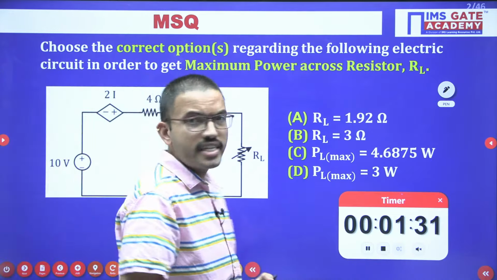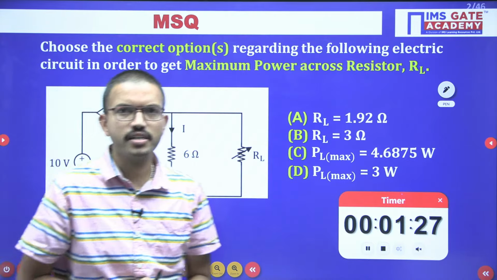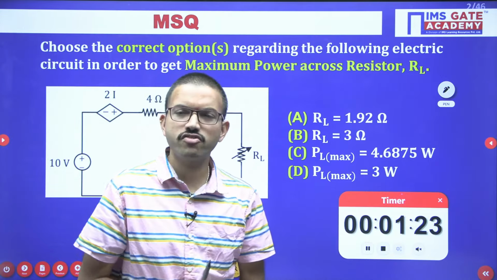At least some of you can try to find out which of option A and option B is correct. Other students can try to find out which of option C and option D is correct.